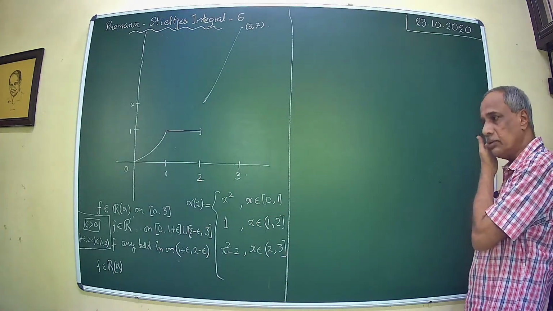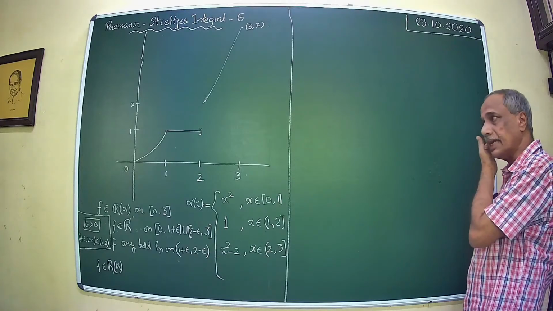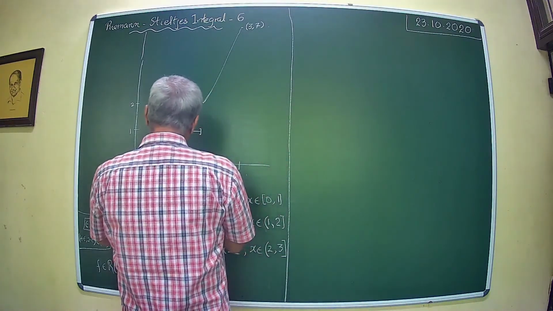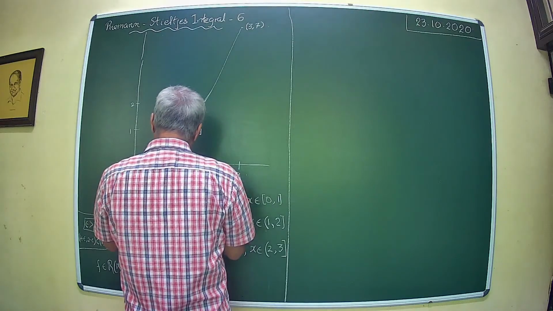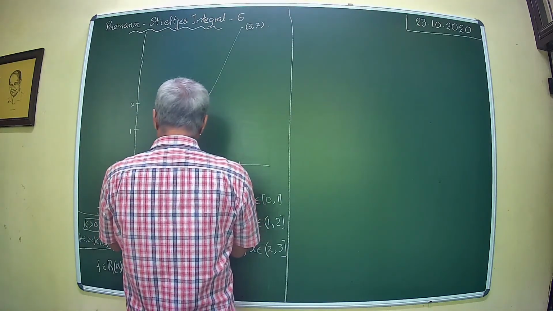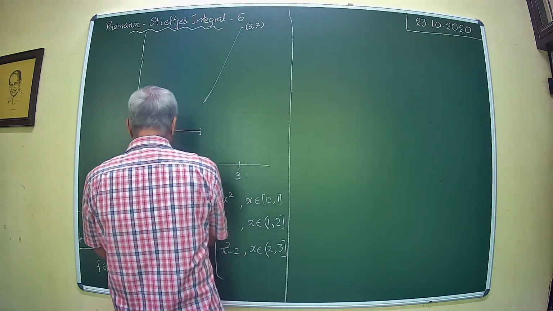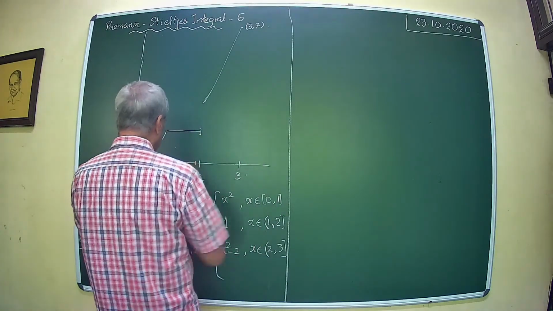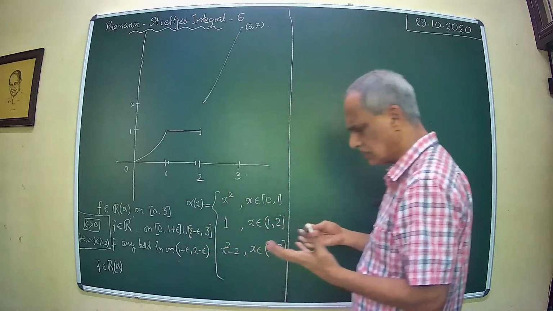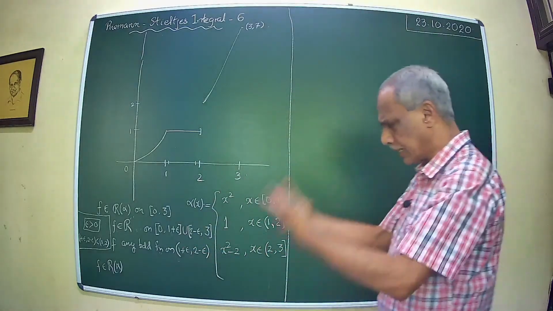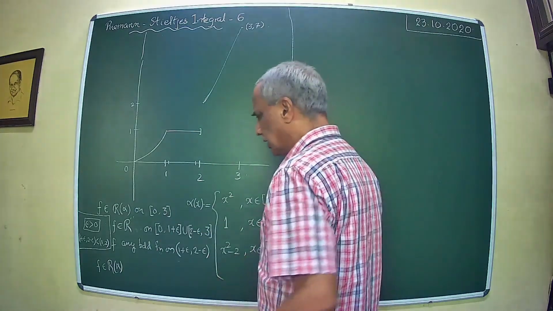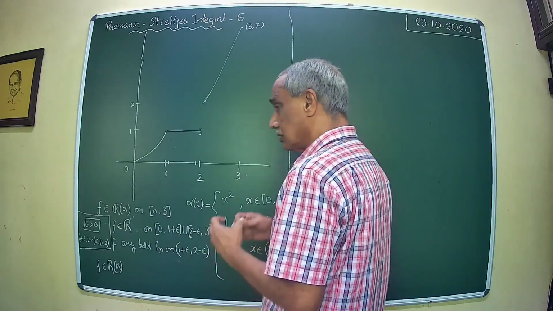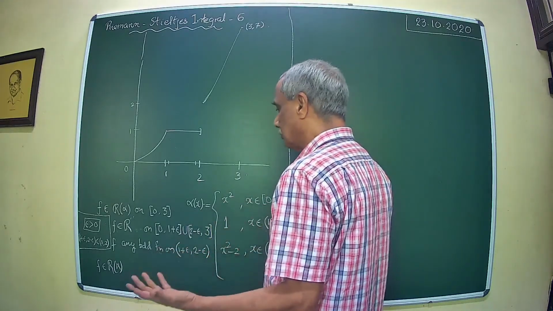What I want to impress upon you is that no matter how you define it on the interval 1 plus epsilon to 2 minus epsilon, even with the worst type of oscillation that you can bring in, like the Dirichlet function, still the function would become Riemann-Stieltjes integrable.